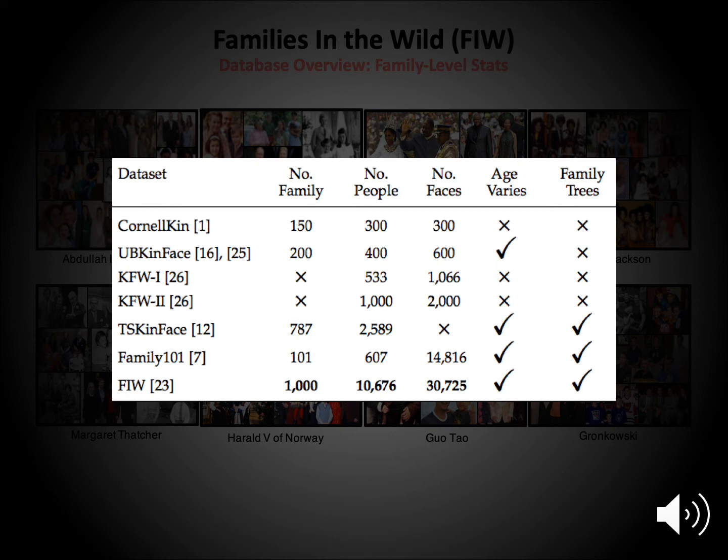So the number of families is 1/3 of the number of people, and that's actually the number of images as well. The number of people is the same as the number of images. Here we have 1,000 families. We have over 10,000 people and over 30,000 faces, with age varying and with family trees.